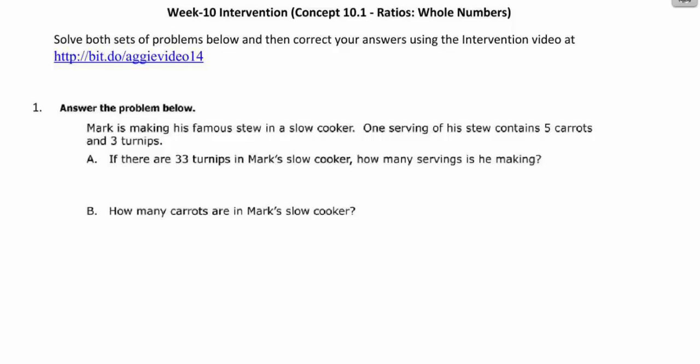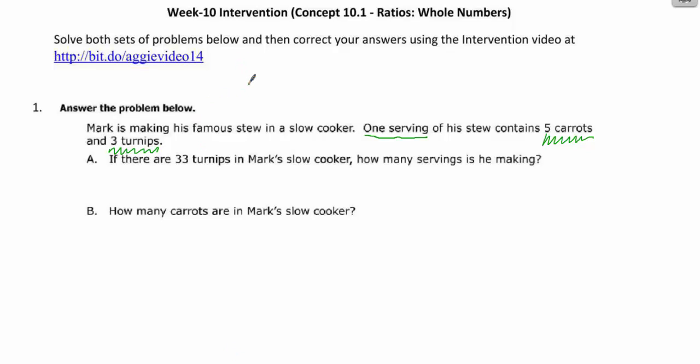You're going to first figure out how much stew is there altogether. So it says Mark is making his famous stew in a slow cooker. We're talking about one serving. So here's what we know. In one serving of stew, there are 5 carrots and 3 turnips.